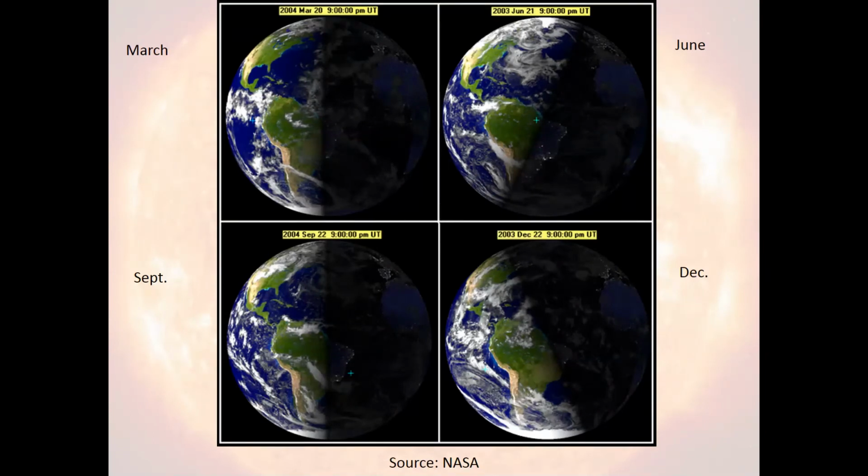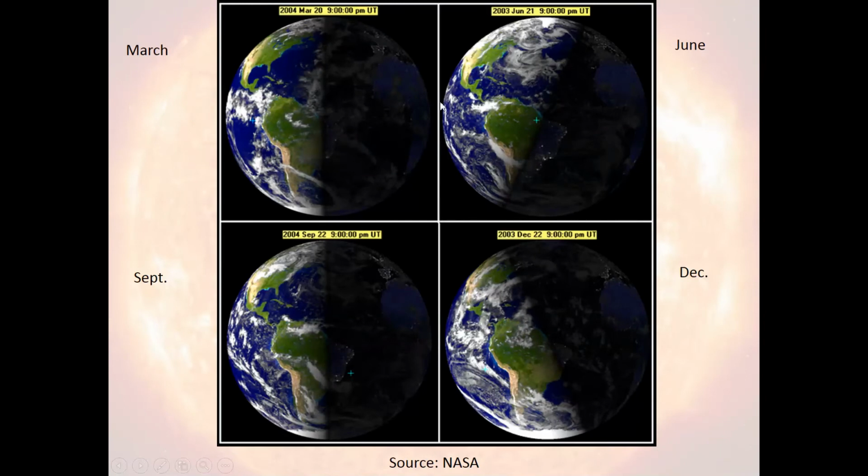So this image is taken from NASA, and it actually shows you how the amount of sunlight a location gets varies with seasons. During the spring and fall equinoxes, you can notice that both the northern hemisphere, that's everything up here, and the southern hemisphere, everything down here, are getting the same amount of sunlight.